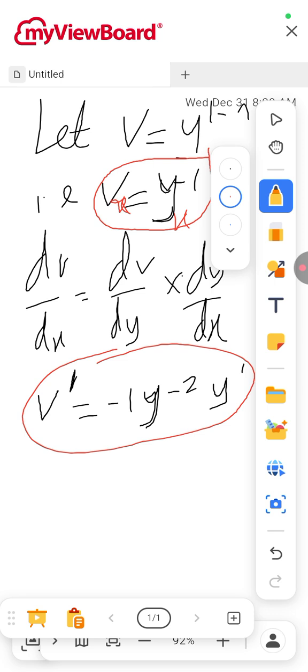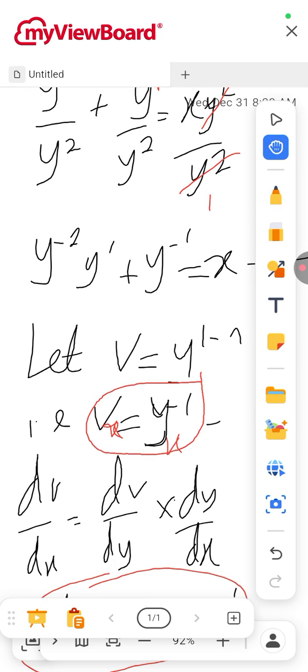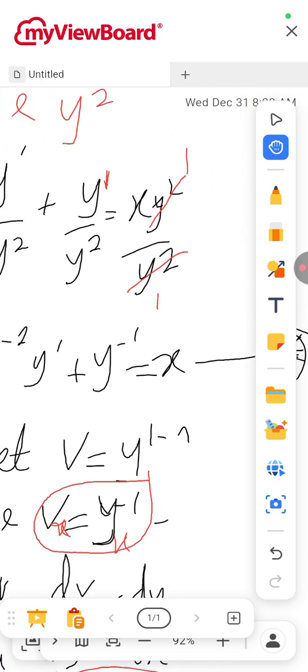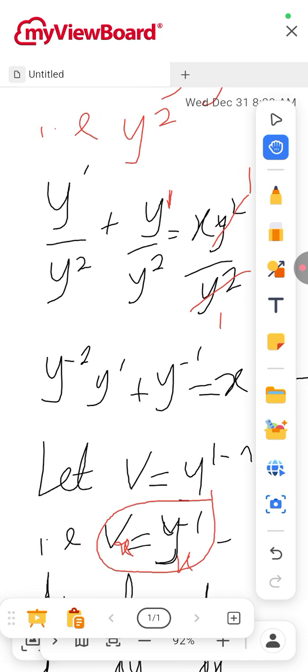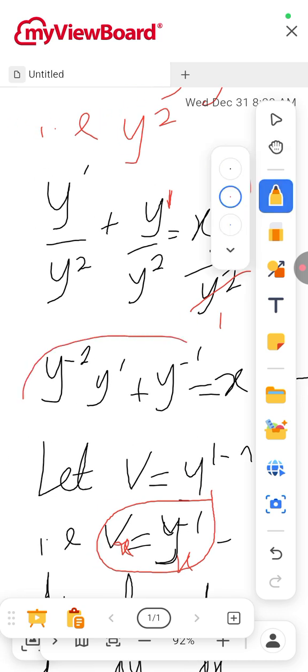Now what do I mean by that? You go back to this place, the one that I asterisked, this particular part here. So you see that there is y raised to power minus 1 here, which means I will replace it with this v. Okay, so replace this y raised to power minus 1 with v.